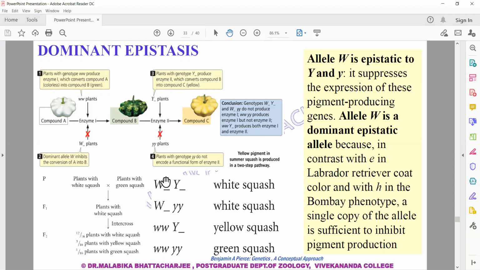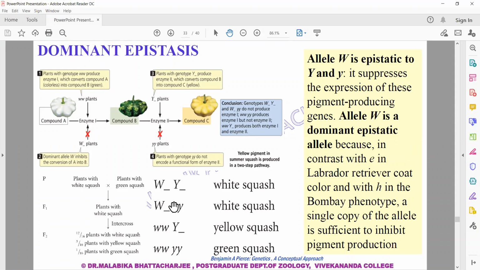One dose or two doses doesn't matter. When we have a capital W, we have to imagine that the squash color will be white. So W is in fact not even bothered to see what Y is actually producing. The dominant allele, in a single dose, in a homozygous or heterozygous condition, can completely mask the effect of the capital Y allele.